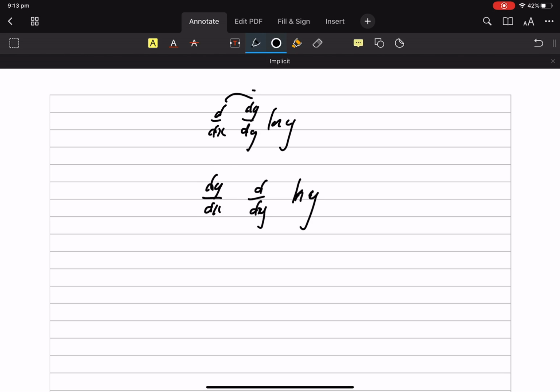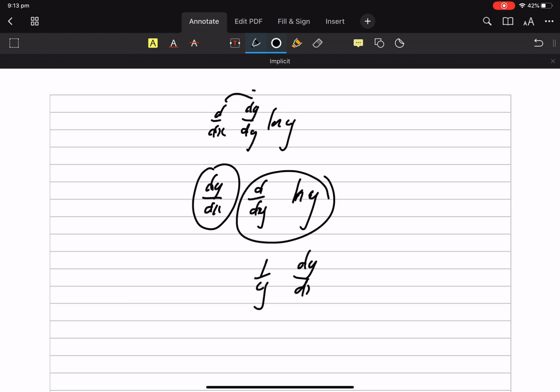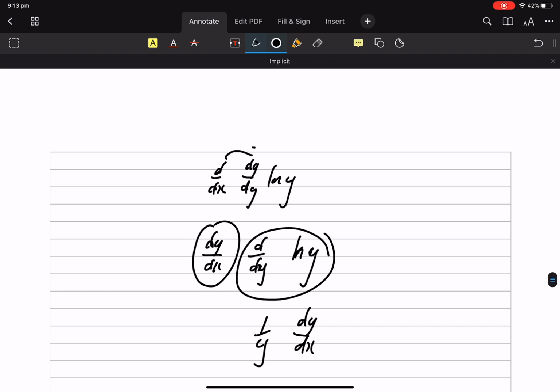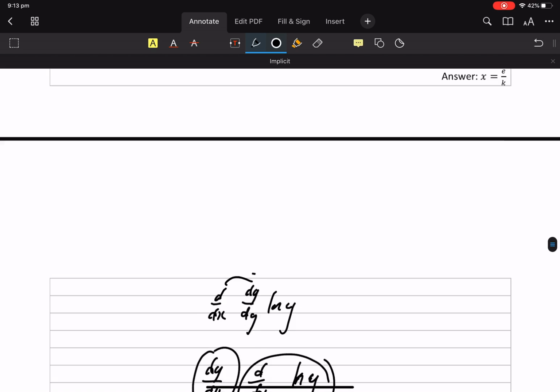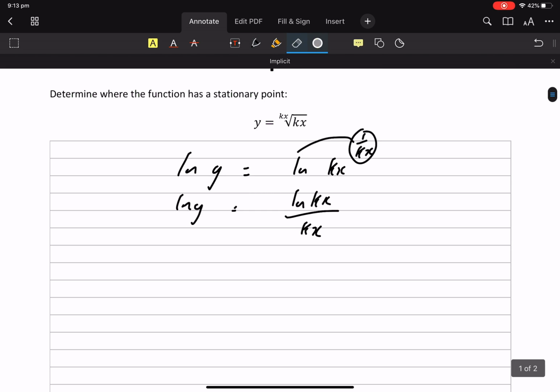So there's my dy dx, and what's the derivative of log y with respect to y? So it's going to be 1 on y dy dx. Okay, 1 on y dy dx. So we're getting there. I like that.